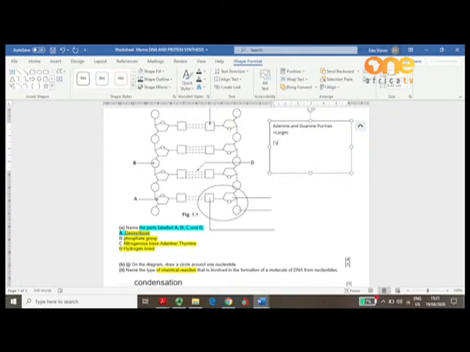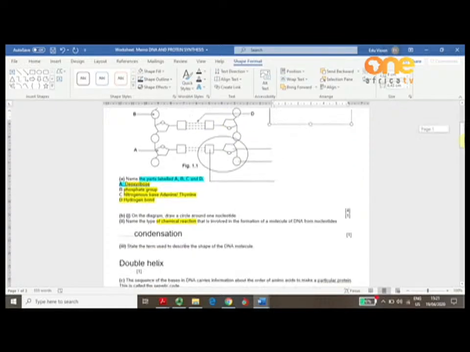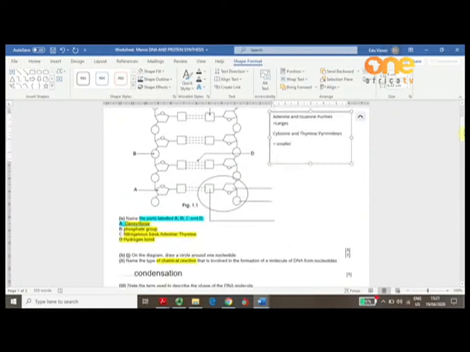And then cytosine and thymine are called the pyrimidines, yes, and they were smaller. So if we were able to see a double ring and a single ring, then we could have named it a bit more specific.